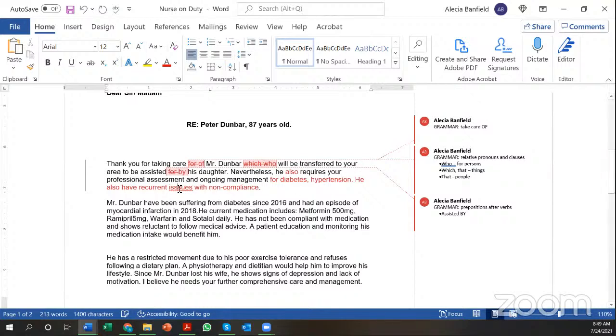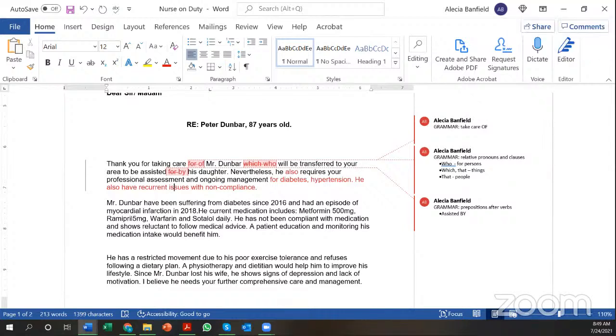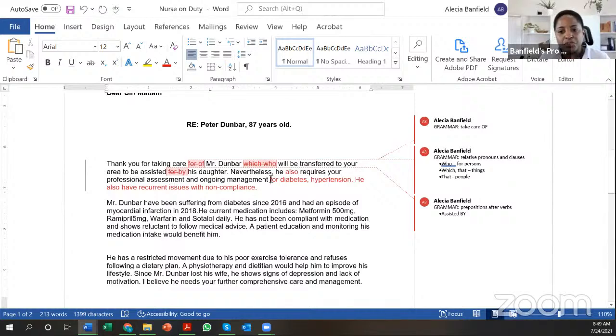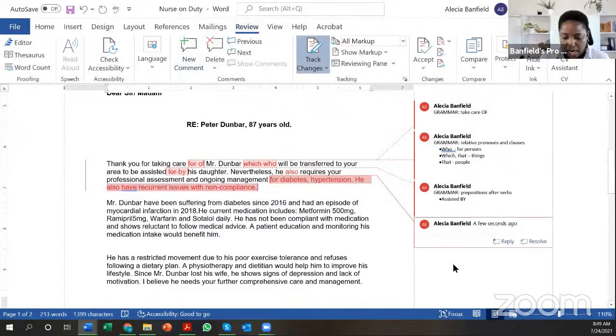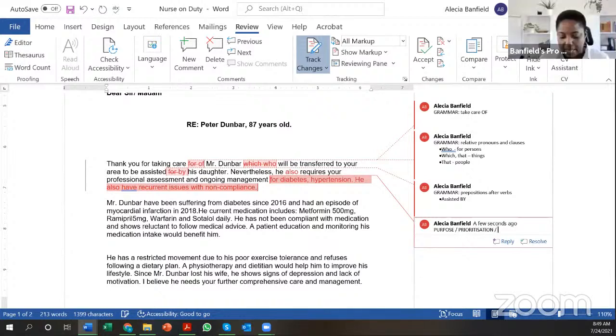Okay. So remember, when you're thinking about purpose, you want who this patient is, why the reader, what the reader is being called to do, and what needs to start immediately. And what are his main issues? So for this, I will make a little note here that says purpose, prioritization, and important information.